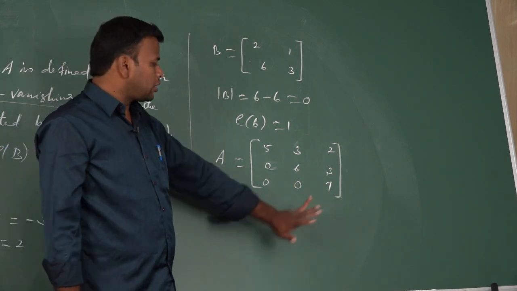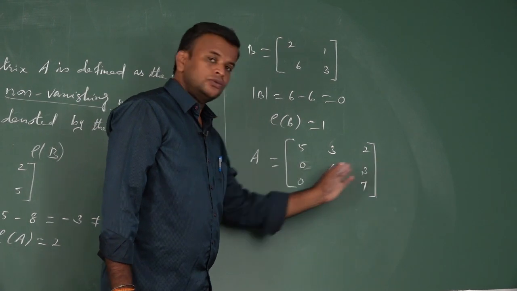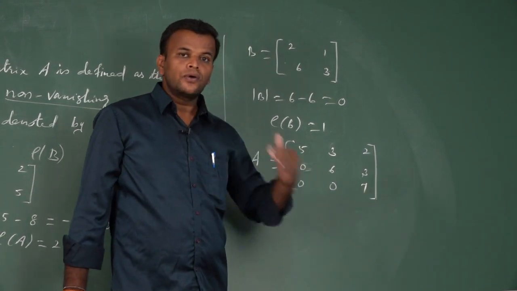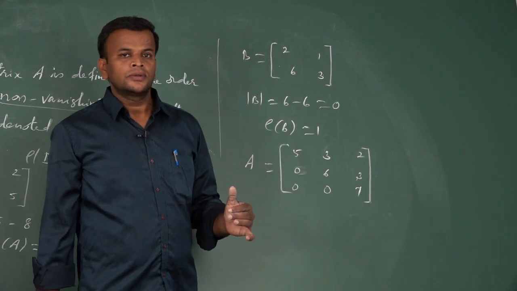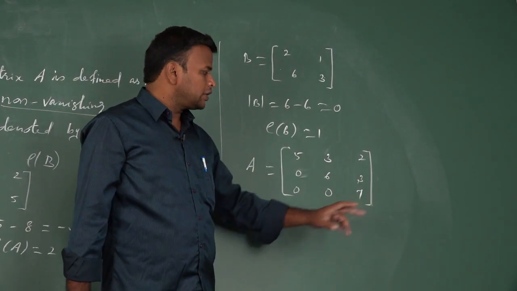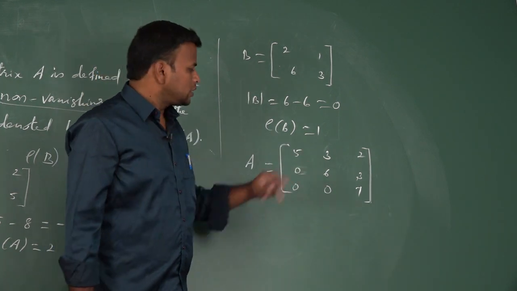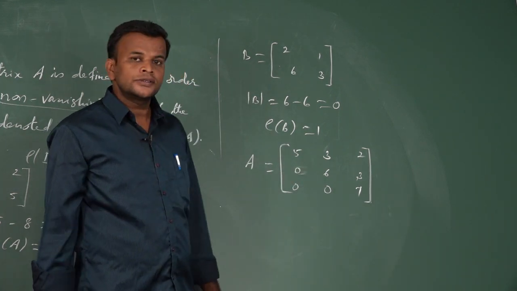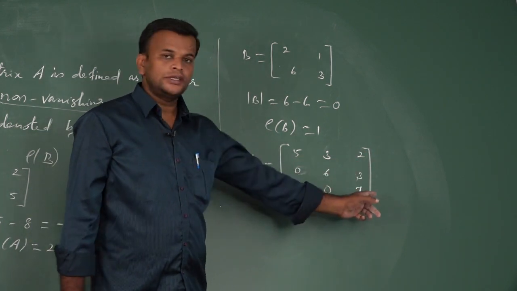You see the number of non-zero rows. A row in which all elements are 0 is called a zero row. A row containing at least one non-zero element is called a non-zero row. How many non-zero rows are there? There are 3: 1, 2, 3.